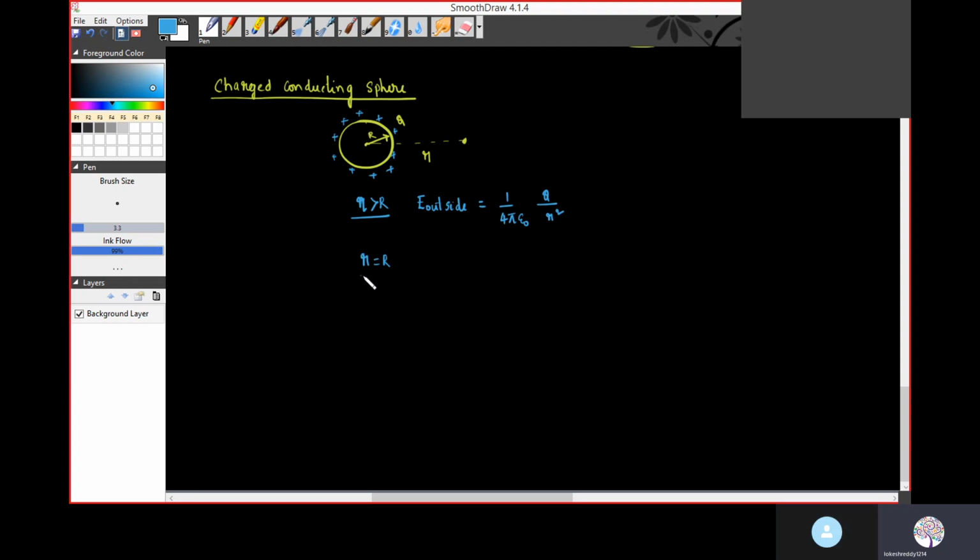Now r equal to R means the electric field on the surface. On the surface, it is 1 by 4 pi epsilon naught q by R square.